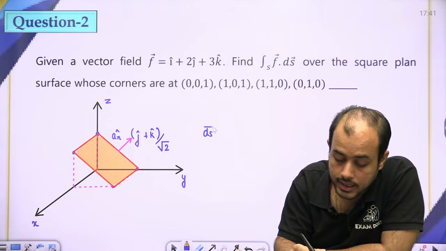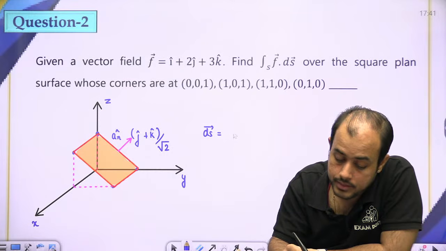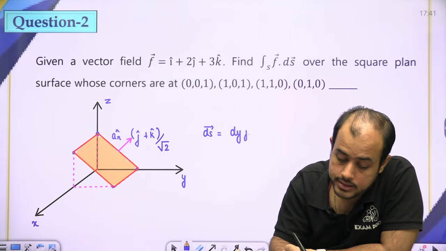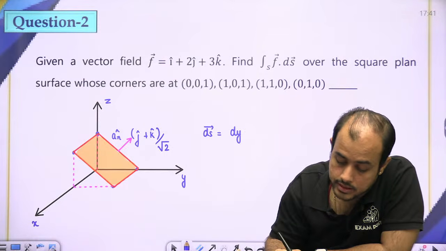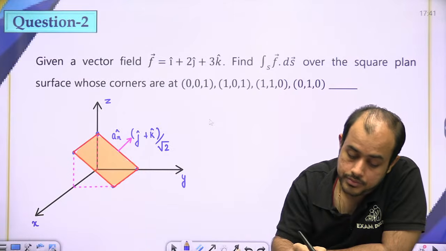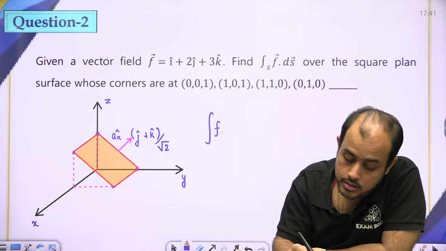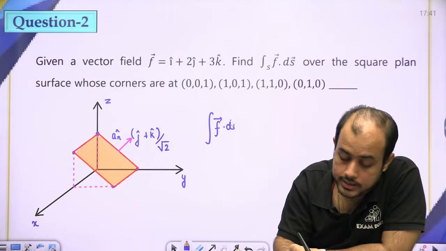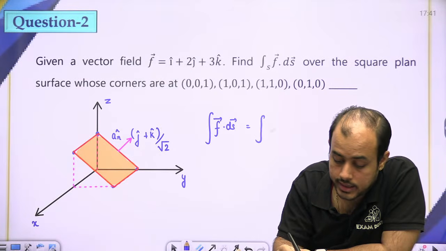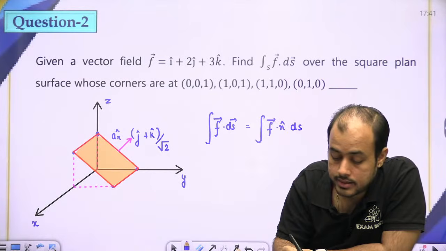I can write ds as dy j cap. F dot ds is written like this: F dot normal ds.